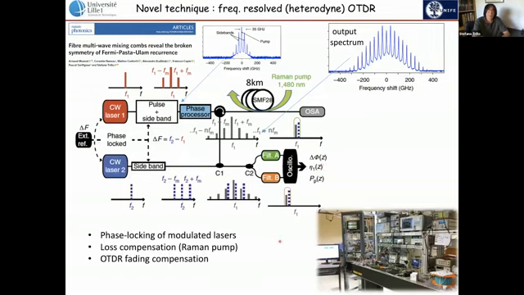There are some technicalities that I'm not going to address, because I think the community is not much interested in that. Another main point is that you can compensate for the loss by using a Raman pump, a counter-propagating signal that compensates the natural damping in the fiber.